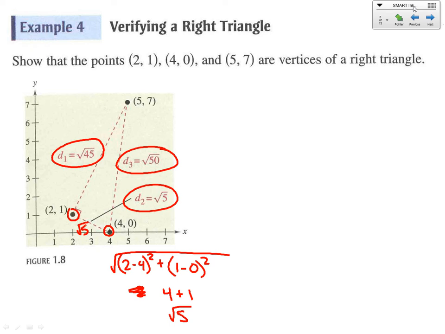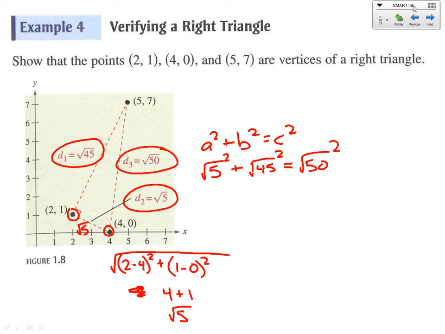Let's plug that all into the Pythagorean theorem. A squared plus B squared equals C squared. Let's see if it works out. A squared is the square root of 5 squared plus root 45 squared. Does that equal square root of 50 squared?